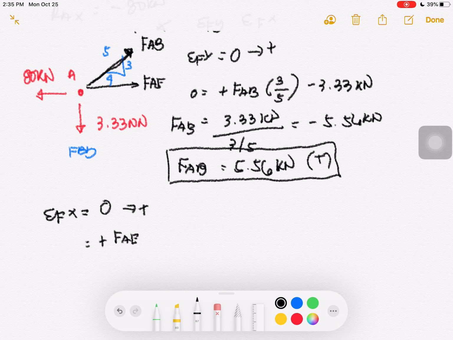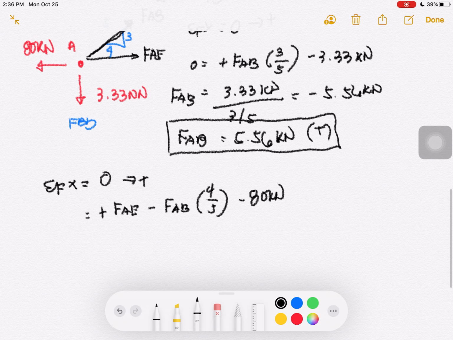We know that this one is already in tension, so negative FAB and then multiplied by 4 over 5 because this is the X component, 4 over 5. Okay, what else? We have the 80 here, so negative 80. So to simplify, you'll be able to calculate. Simplify mo to, no?